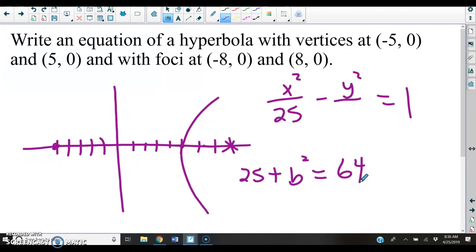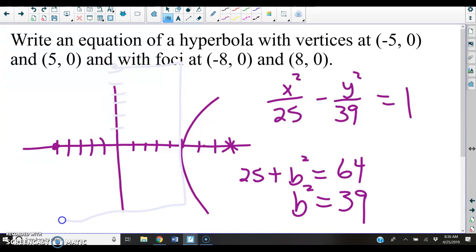So when I subtract 25 from both sides, I believe b squared is 39. Now, I do make mistakes, so if I'm wrong, I'm wrong. Sorry about that. But then I can find all sorts of other things. Once I know that this would be the square root of 39 up here, I could make my box, I could find my slopes, put in my asymptotes, and so on. So once I have that equation, I'm good to go.